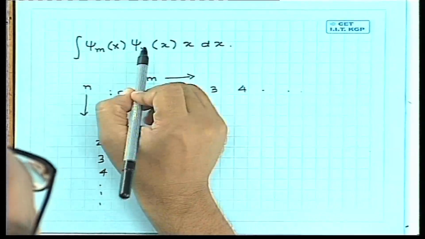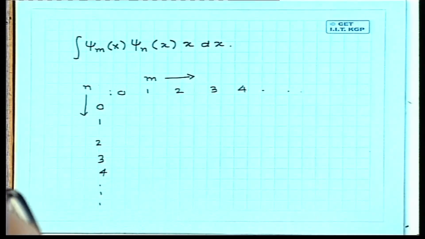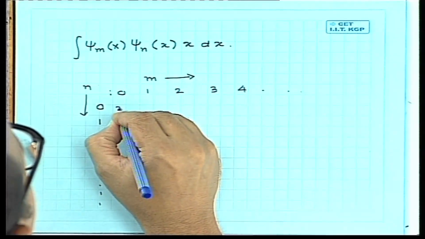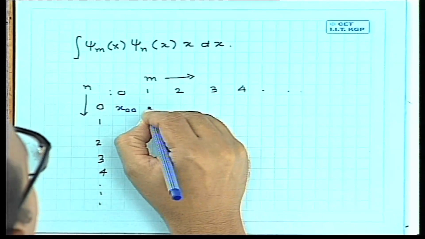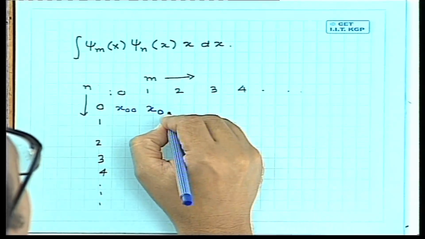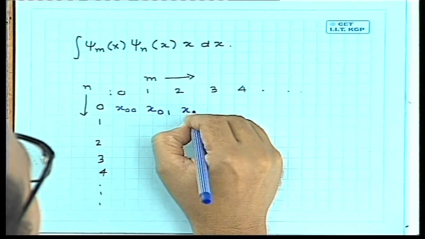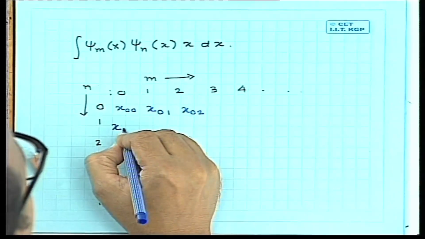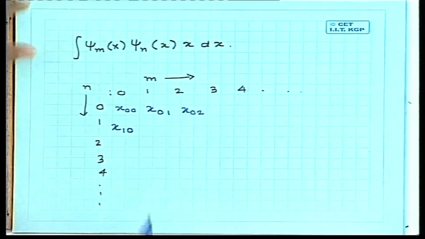So we can change m and n and repeat the integral. We will get a different number for different values of m and n. Let us call these x 0 0, then x 0 1, x 0 2, and here we have x 1 0.